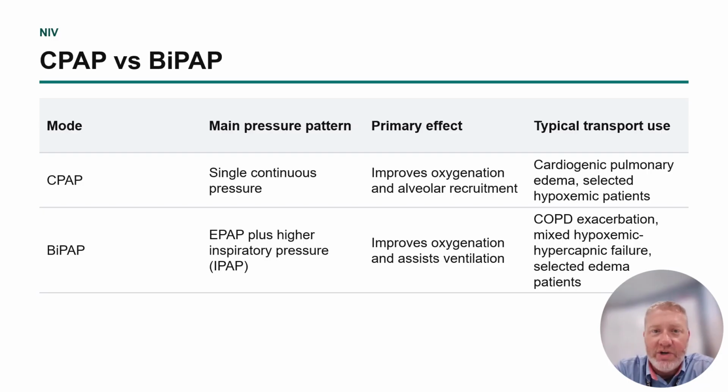CPAP in general helps to improve oxygenation because it gives the alveoli more surface area to exchange oxygen and carbon dioxide, and it also helps to push fluid off of the lungs in the case of edema or CHF. So CPAP is typically used for oxygenation and for, say, obstructive sleep apnea.